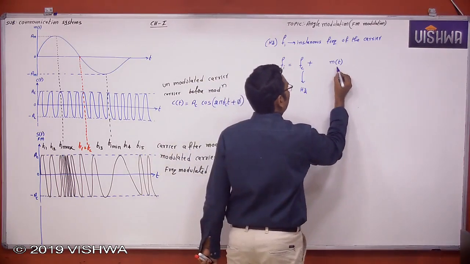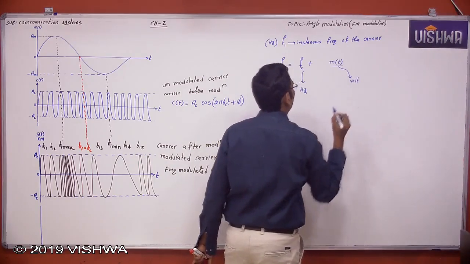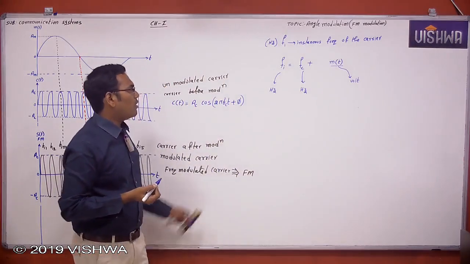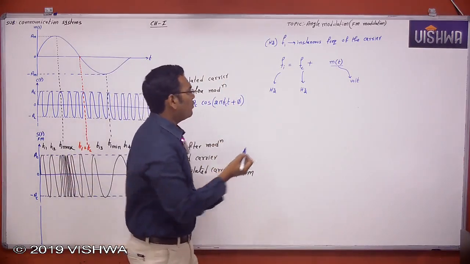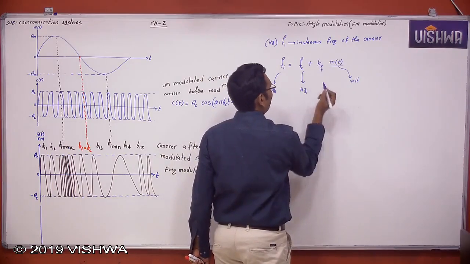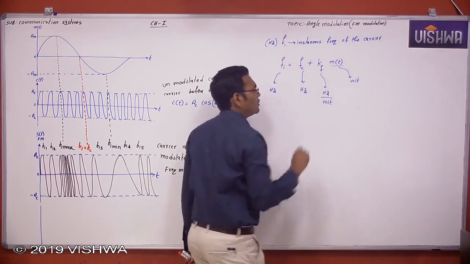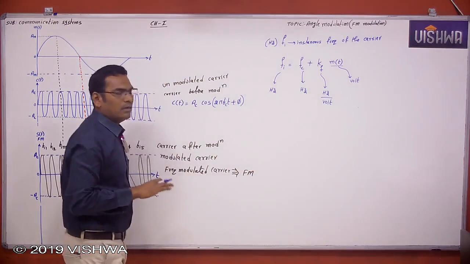But this is the signal variation. The signal variation means it may be a voltage variation or a current variation, right? Now the units are not matching. Therefore, there is a parameter which is used here. This is Kf, and Kf is in hertz per volt. Therefore, the volts cancel and the units match.